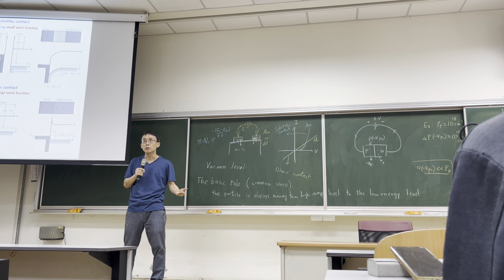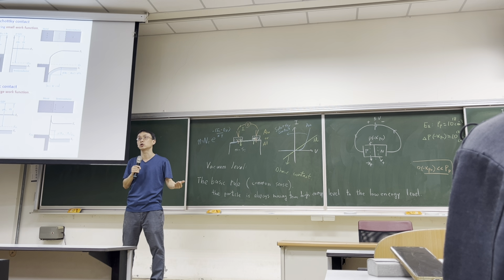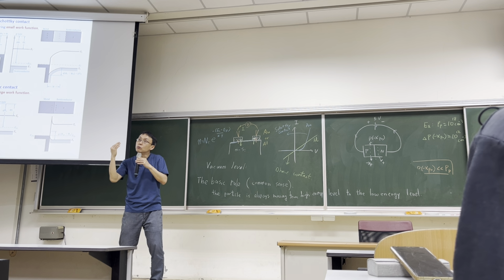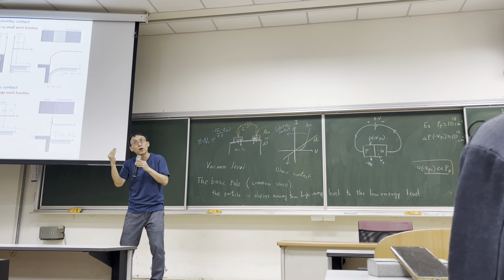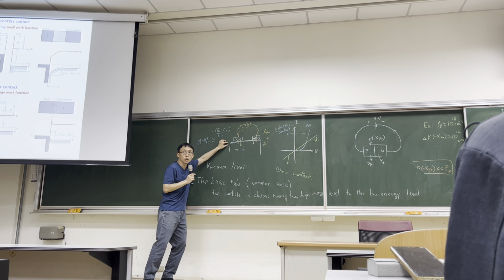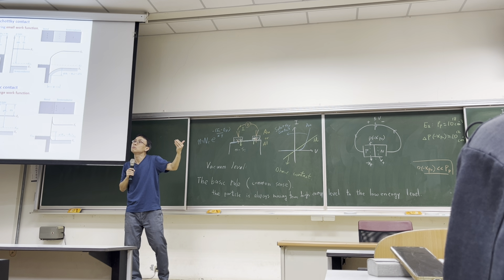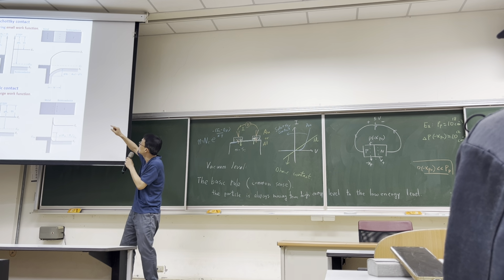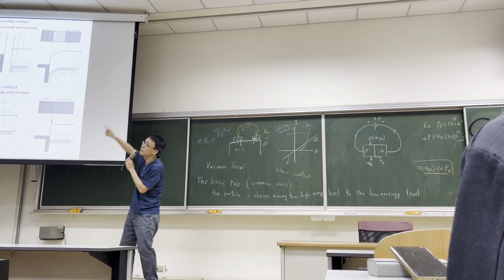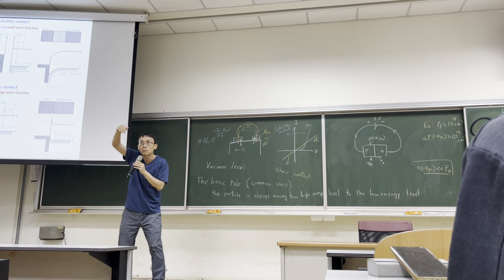Then you can see the electron concentration is changed because the band is going down. Why? Because it receives more electrons from the metal, making the electron concentration in the surface region higher than before, right? So you can see the energy distance between the Fermi level, the blue line, and the conduction band is smaller, because the conduction band is moving down, making it closer to the Fermi level, right?